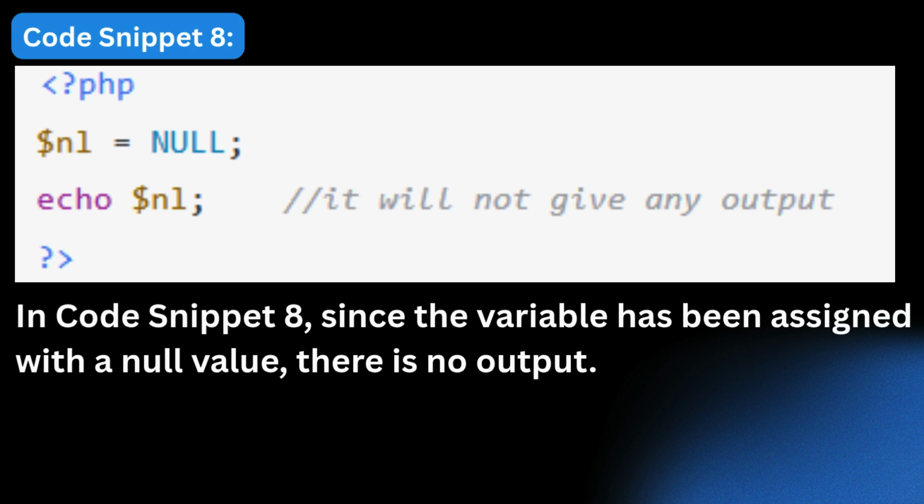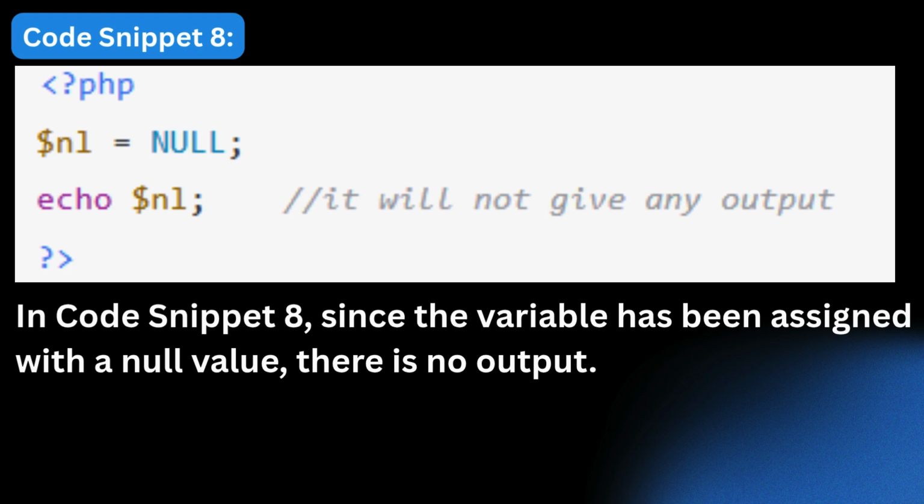Next, the echo statement is used to try to display the value of $nl. However, since $nl is null, PHP doesn't have anything to print. That's why this line produces no visible output on the screen. You can also see a comment written beside the code, "It will not give any output," which clearly indicates that echoing a NULL variable doesn't display anything.